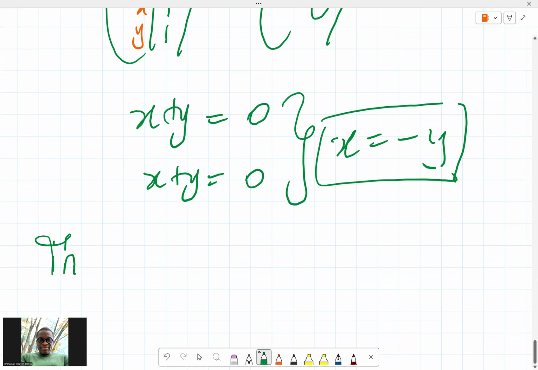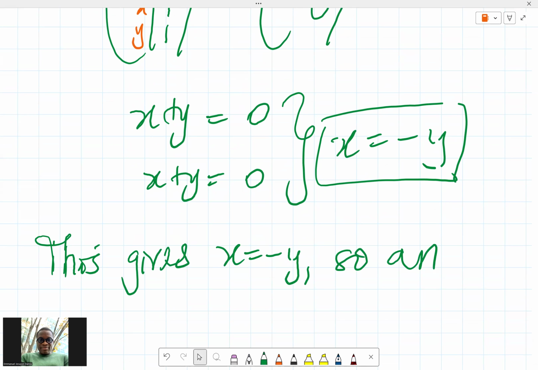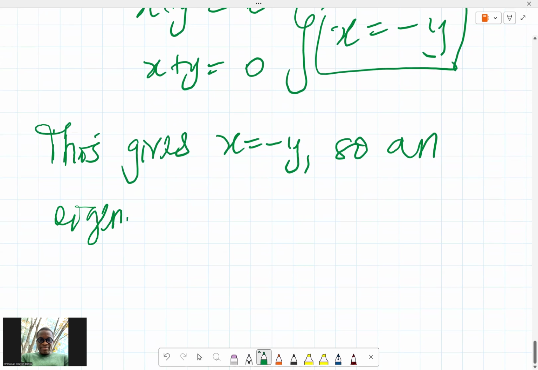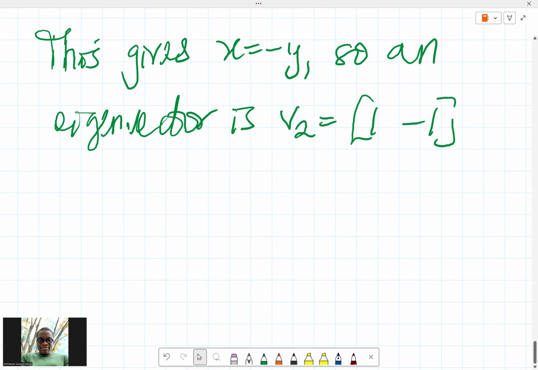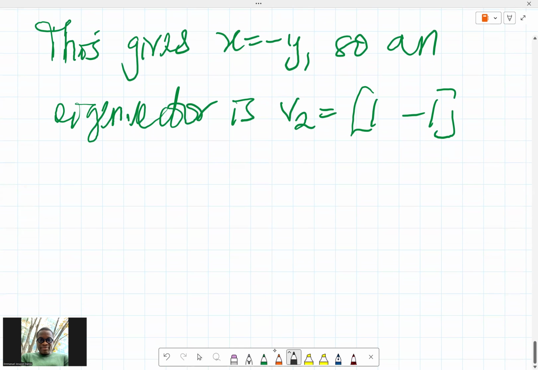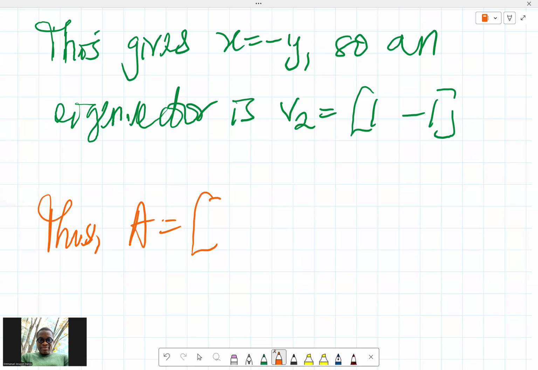So this gives x equals minus y, so an eigenvector is v2, which is equal to (1, minus 1). With all of this, we can conclude that A, which is [2 1; 1 2], has what we call eigenpairs.